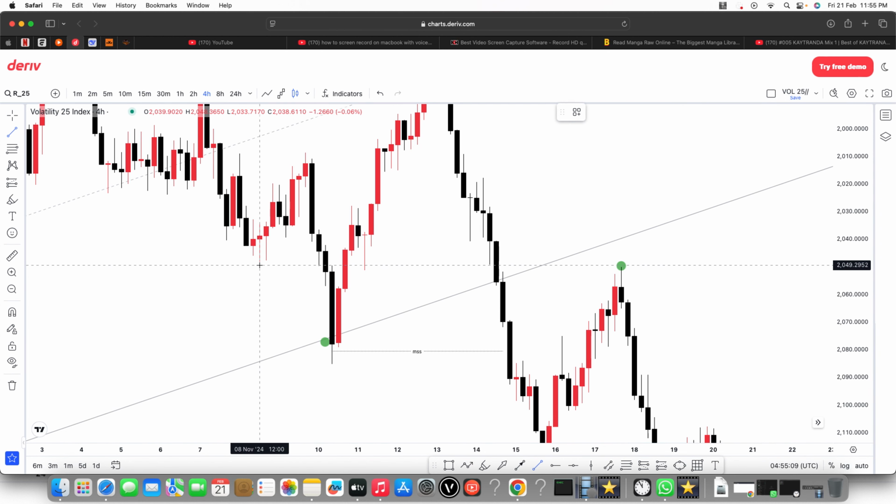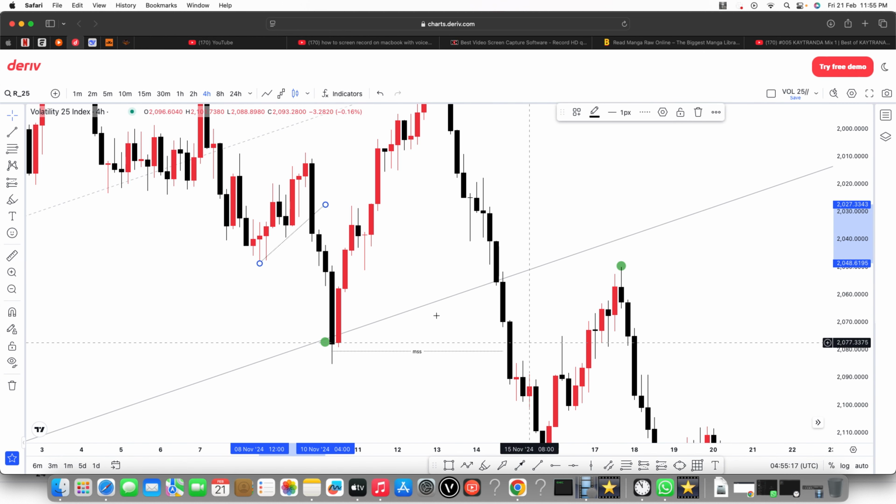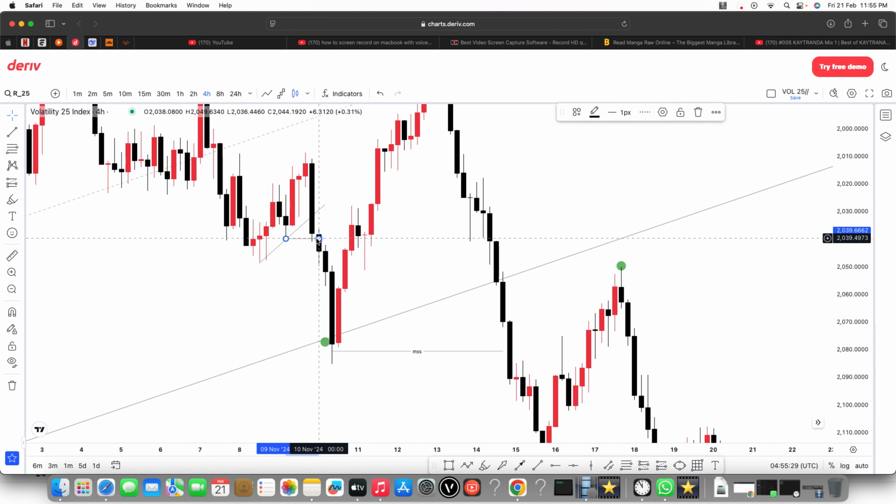So we had a break of structure, or might I say, a minor uptrend right there. Swing low, swing high, last swing low, last swing high, break of structure, and this was a market structure shift of this area of price.